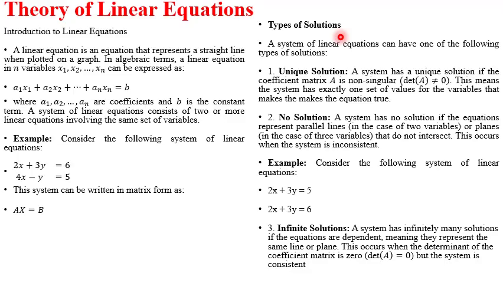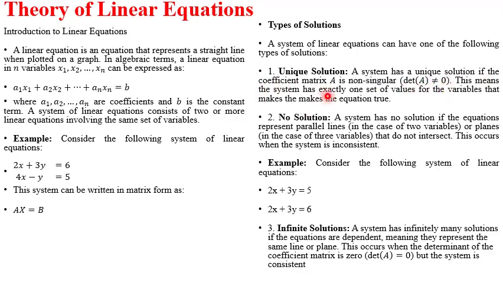Now, a system of linear equations can have one of the following types of solution. It can have a unique solution. A unique solution shows that there is a definite solution, in the sense that if the coefficient matrix that the system of linear equations forms is not singular, in other words, the determinant is not 0.